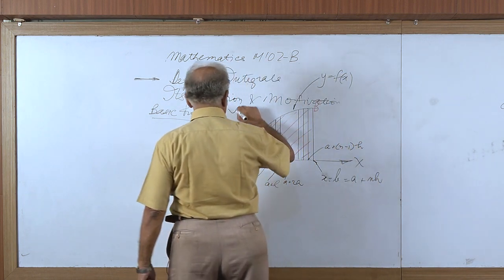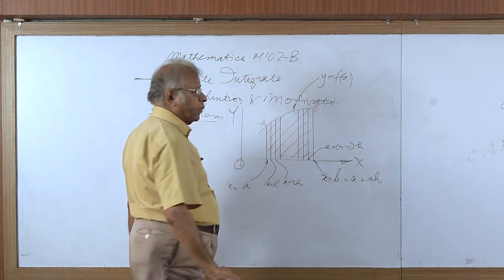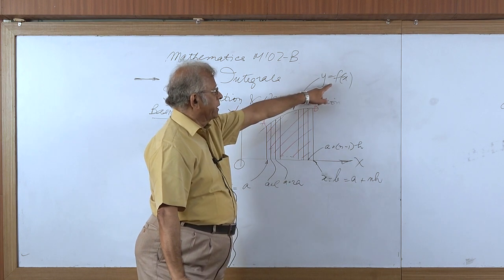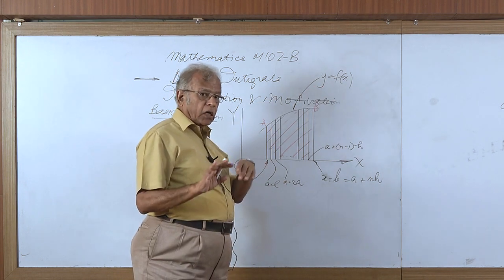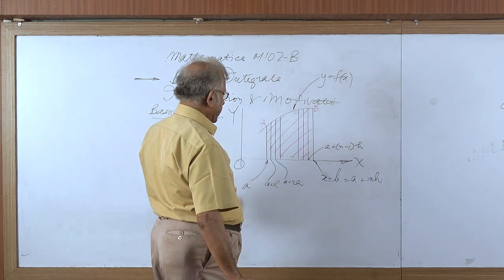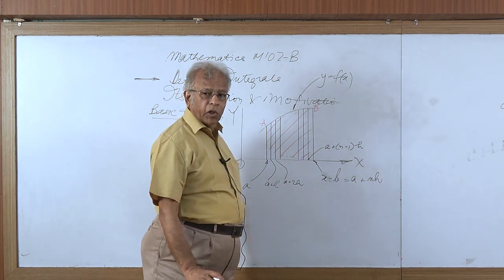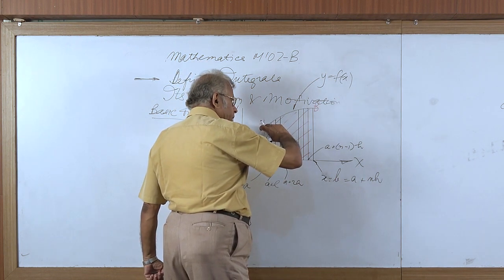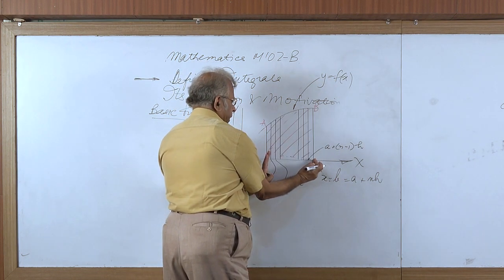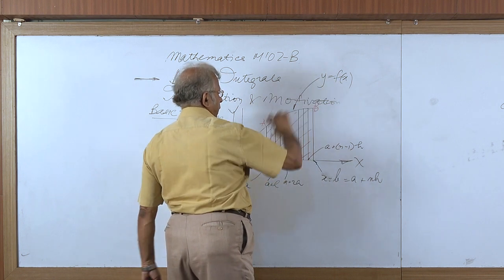I repeat, the basic problem was how to find, for any given function and its graph, the area under this curve, and area must have borders. So, here we have four borders. One border is the part of the curve that lies between a and b of y is equal to f(x).